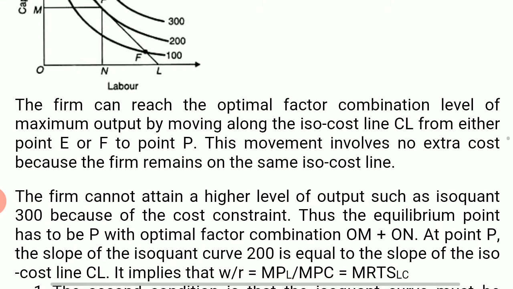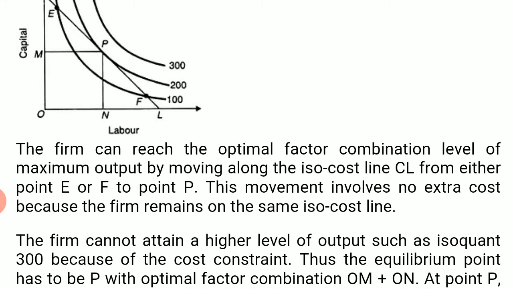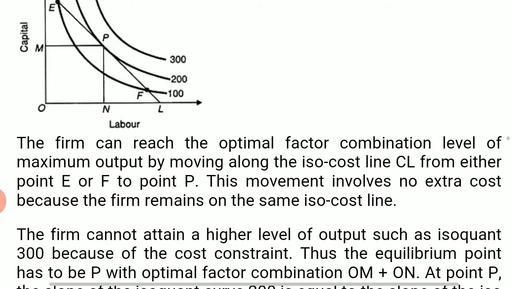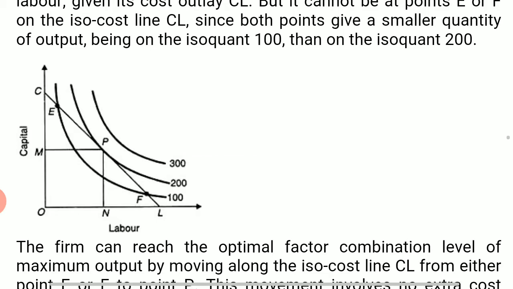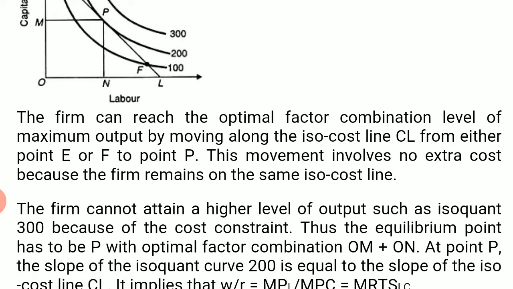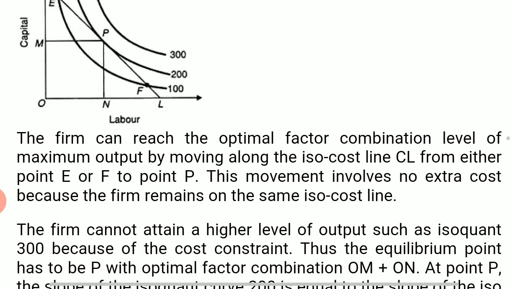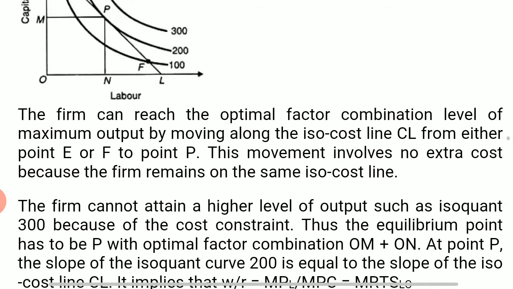The firm cannot attain a higher level of output such as isoquant 300 because of the cost constraint. Thus, the equilibrium point has to be P with the optimal factor combination OM and ON at point P.